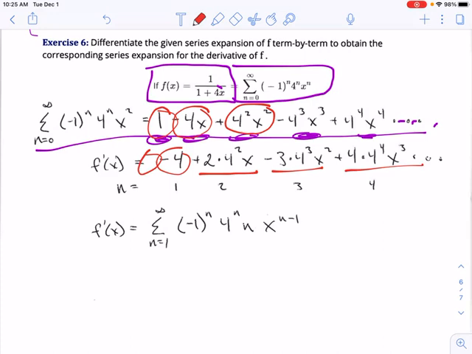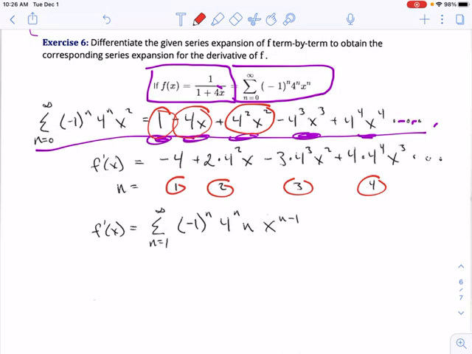Because now what we need to do, as always, is come up with a formula for that. What is our power series formula going to be? So here we have n equals 1, n equals 2, n equals 3, n equals 4. Now, why did I choose to start with n equals 1 rather than n equals 0?